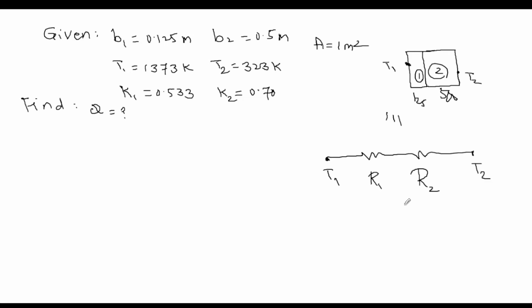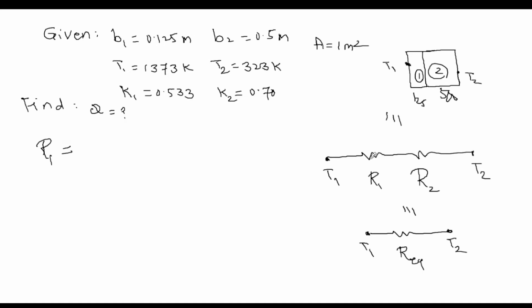So we can write its equivalent electrical circuit as R equivalent, with T1 at this point and T2 at the other. So we can calculate the values of resistances.